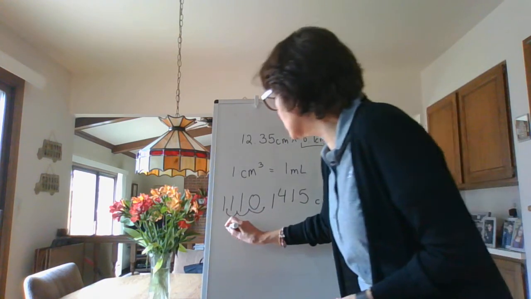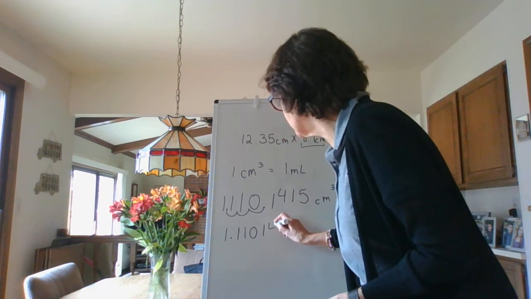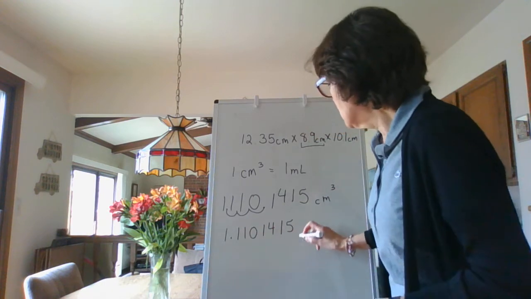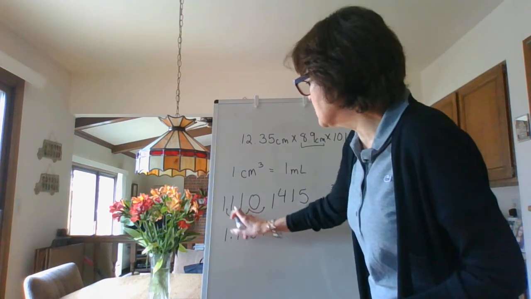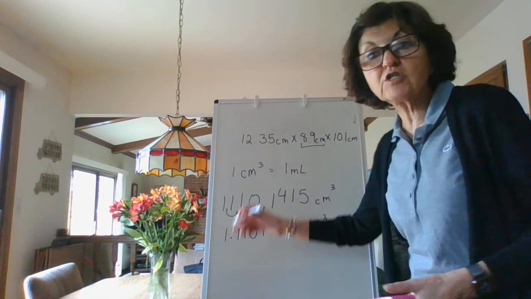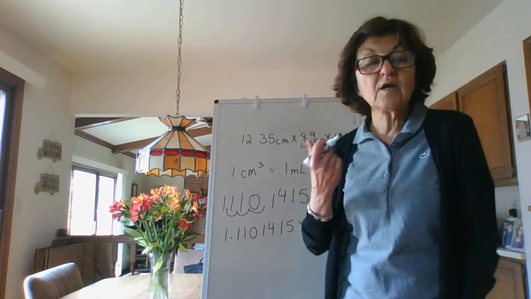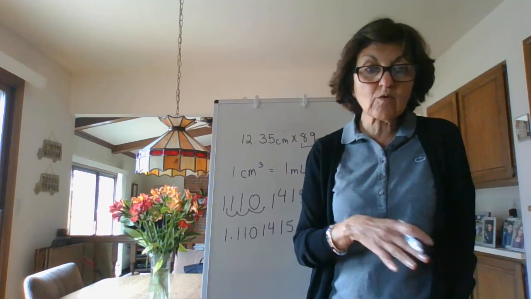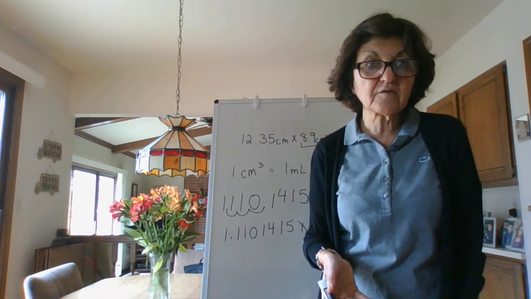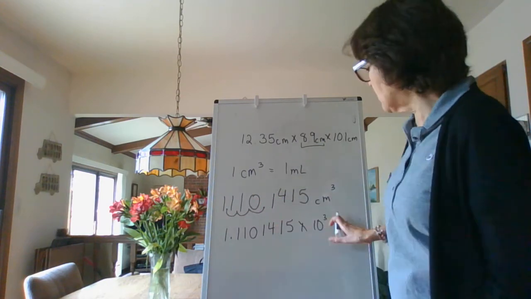Okay, so now I've got 1.11011415, and I moved it 3 spots, so it's times 10 to the third. If the original number is bigger than 1, it's going to be a positive exponent. If the original number is less than 1, means you're moving the decimal in the other direction, it's going to be a negative exponent. So this original number was bigger than 1, positive exponent.